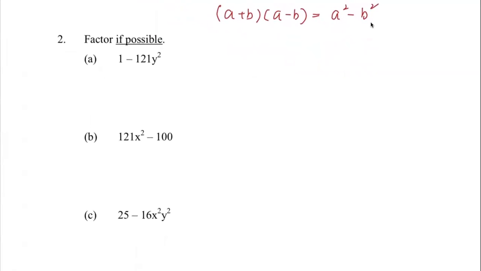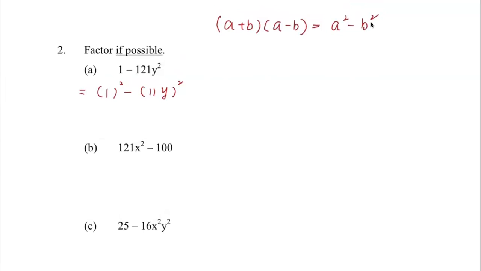So A, 1 minus 121y squared. We can see 1 as 1 squared, and we can see 121y squared as 11y squared.